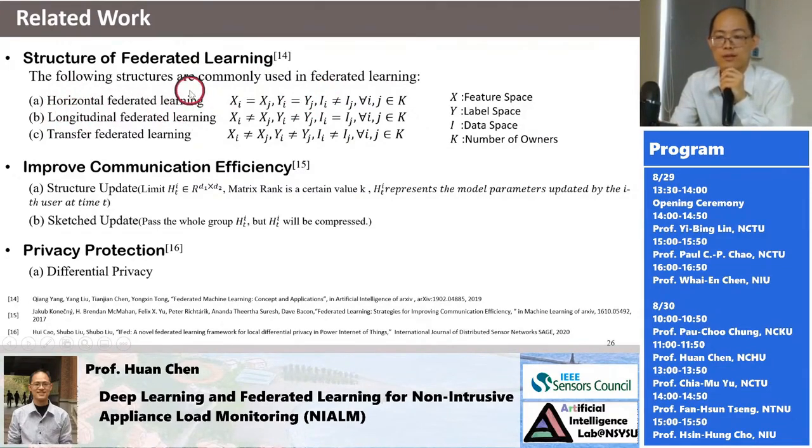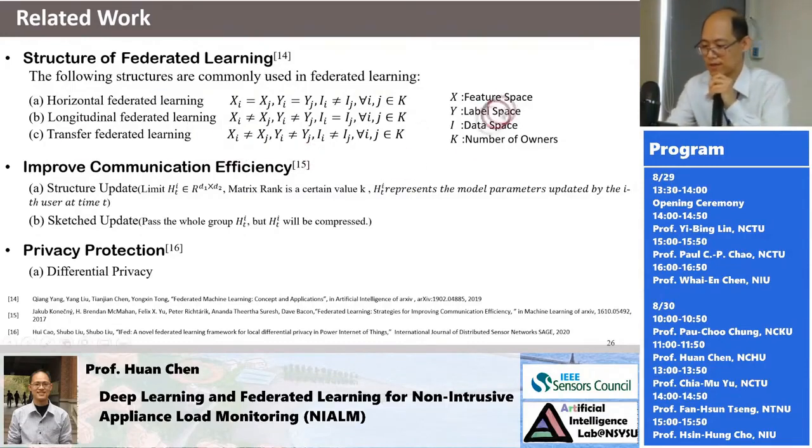This is the most widely used type. Other types, like longitudinal federated learning and transfer federated learning, are used in other scenarios. For our scenario, we use horizontal federated learning.